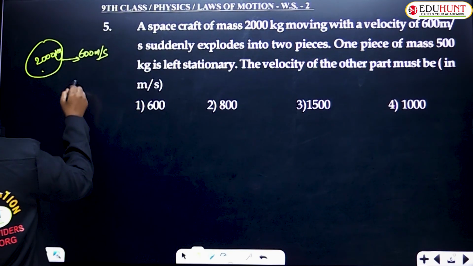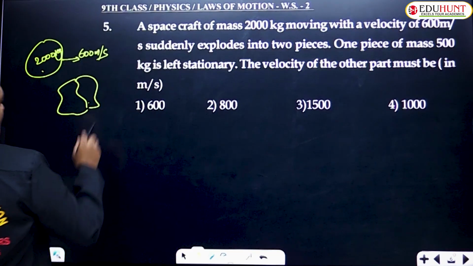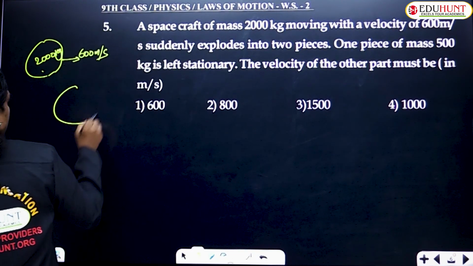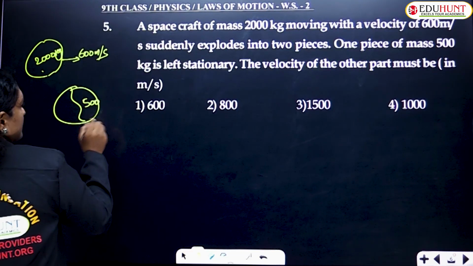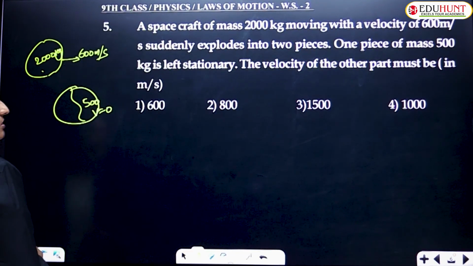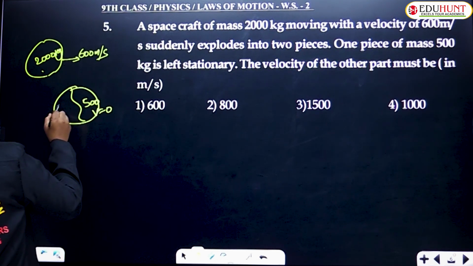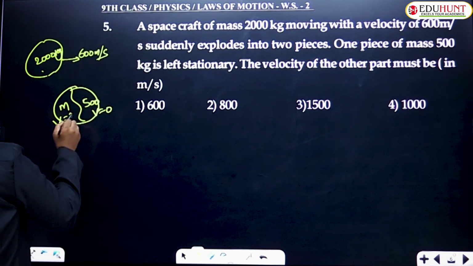Suddenly it explodes into two different parts. One piece of mass 500 kg is left stationary, whose speed is 0, whereas the velocity of the other part must be found. You don't know the mass of the second part, some m, and you are asked to find its speed.